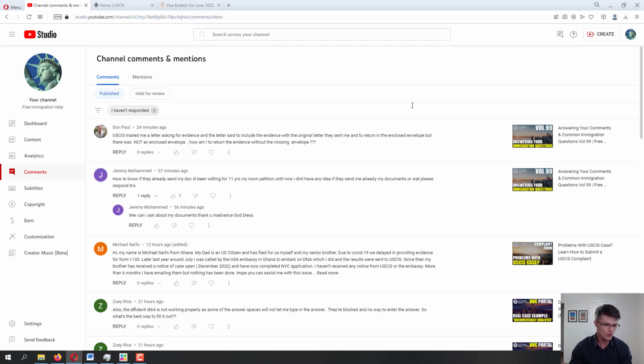Of course, if you do have the mailing address on the letter itself, where you need to send that initial evidence, you can really put it in any envelope and just make sure you include this letter at the very top of all the initial evidence, so once they take it out of the envelope, they can immediately identify which application this evidence belongs to. You can definitely do that, but I would recommend reaching out to USCIS just to be on the safe side. Call them up and ask them the question.